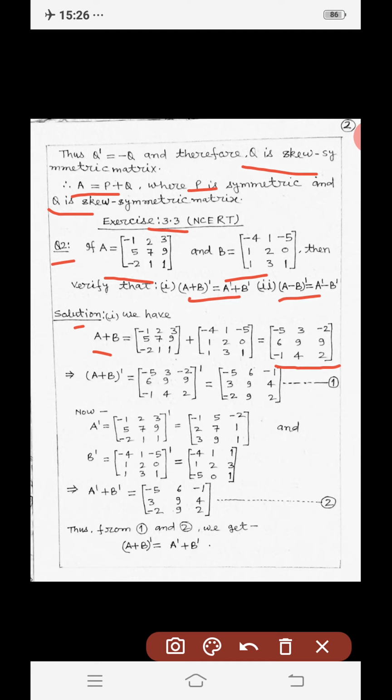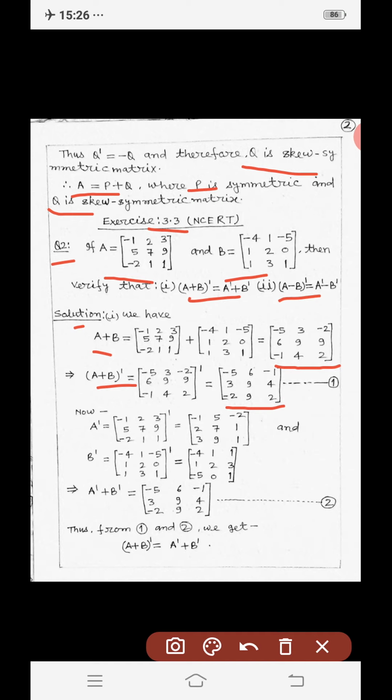Dear students, here we add the corresponding elements of matrices A and B. And this implies that (A plus B) whole transpose equal to [-5, 6, -1; 3, 9, 4; -2, 9, 2]. Here we interchange the rows and columns of matrix A plus B.